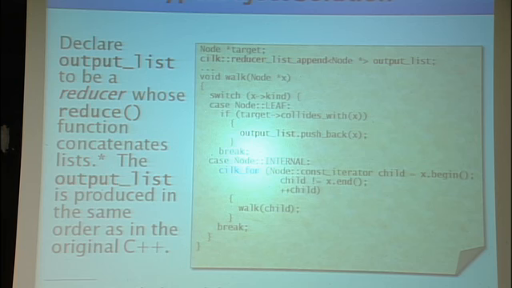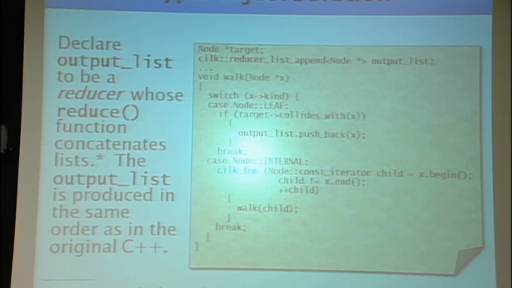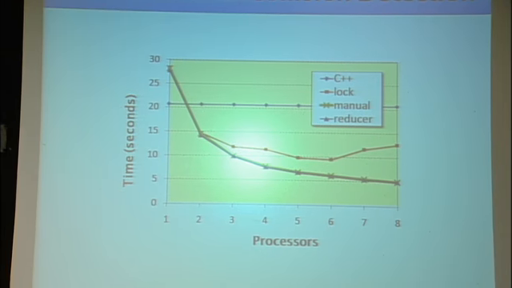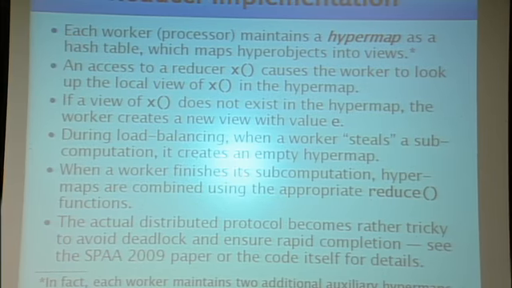If I concatenate A to B and then concatenate C, that's the same as concatenating A to the concatenation of B and C. And I can concatenate lists in constant time by keeping a pointer to the head and tail of each list. So if you do that, and that turns out to be one of the built-in functions, then this code operates perfectly well with no contention and so forth, and in fact produces the output in the same order as the original C++. It runs fast.